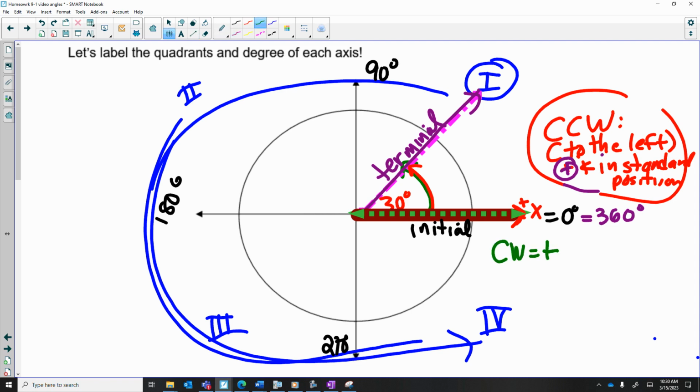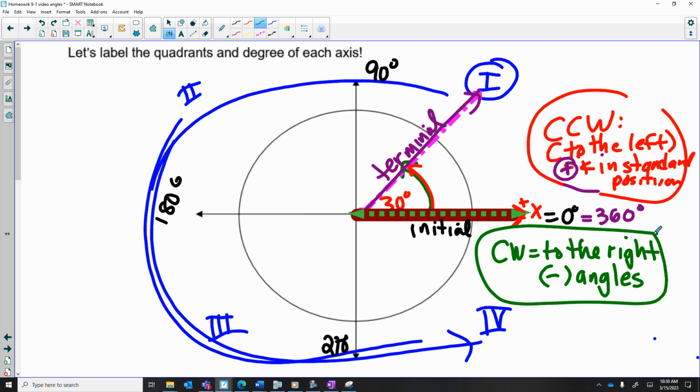Clockwise or to the right is going to be negative angles. Okay, so that's 0. This is going to correspond to negative 90, which is really positive 270. This is negative 180, which is still positive 180 as well. This was negative 270, positive 90, and this was negative 360.